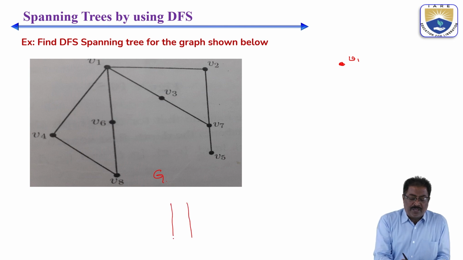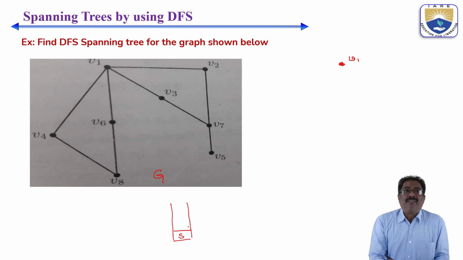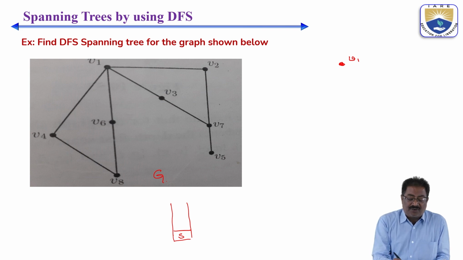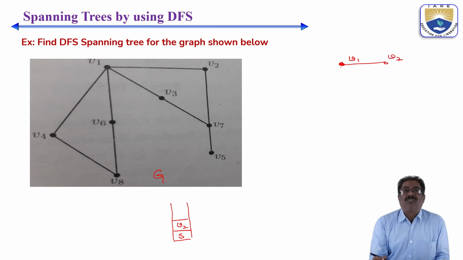Here we are going to take the starting vertex S into the stack. Then V2, V3, V6 and V4 are the adjacent vertices. We are going to consider V2, push V2 into the stack, and consider the corresponding edge.